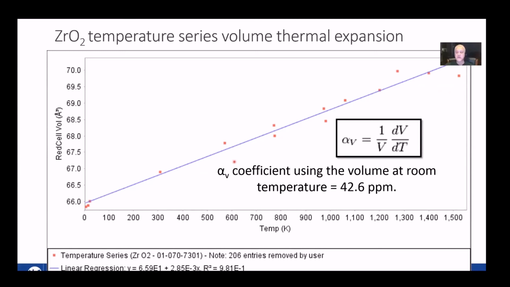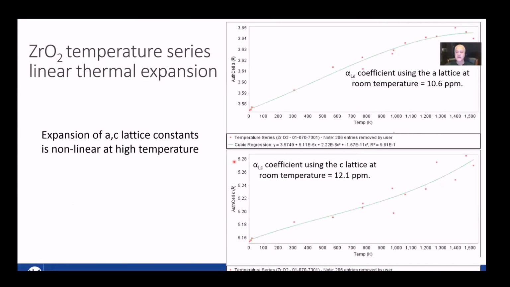But you can also look at the A and C lattice constants, and we see that at high temperature, they're nonlinear. The A lattice constant starts to drop off in terms of expansion, but the C lattice constant starts to increase.